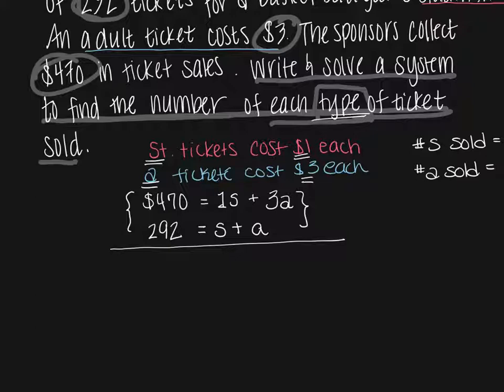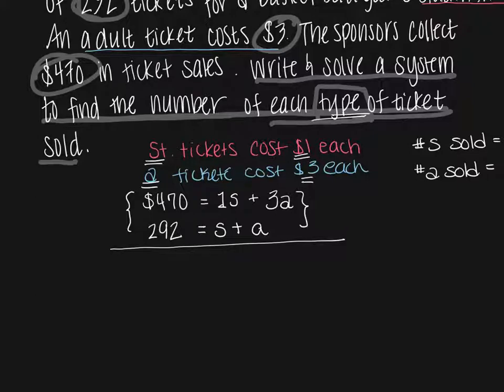This one's really easy. So I'm going to do 292 equals s plus 89. I can subtract 89 from both sides, and I'm going to end up with s equaling 203, which tells me that's the number of student tickets sold.